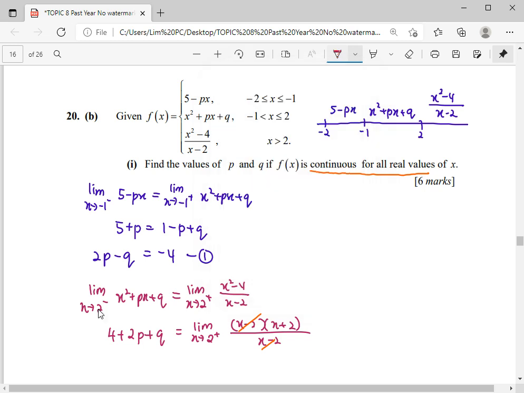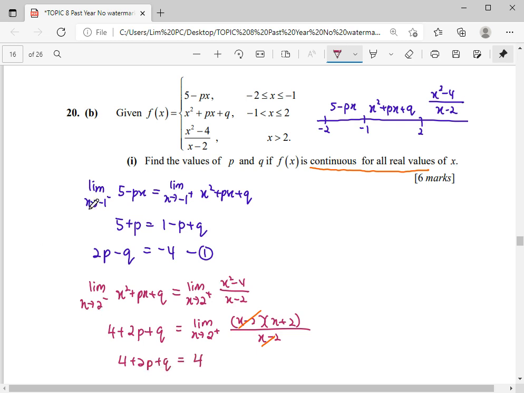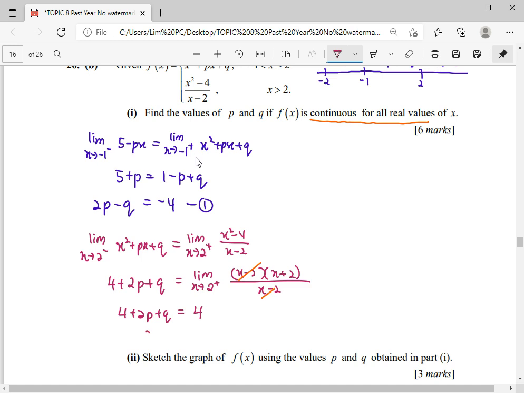Then finally we can get to the answer. So 4 plus 2p plus q equals 2 plus 2, which is 4. Simplifying, 2p plus q equals 0.